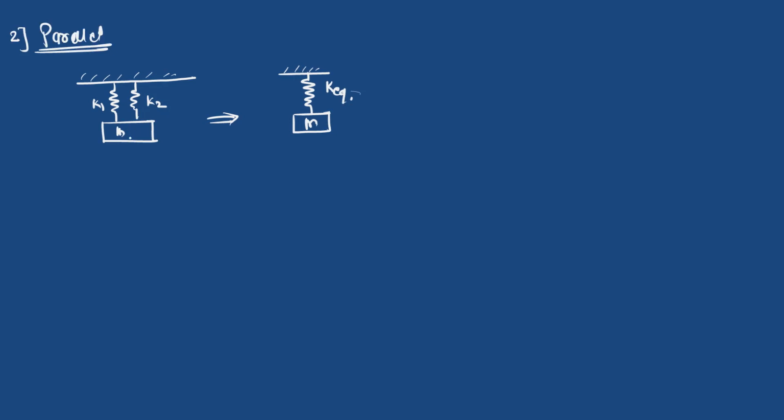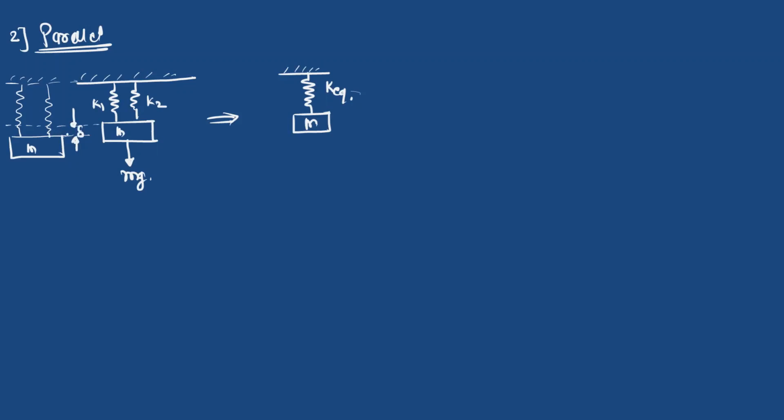Here, this mass M will produce a force, which is mg. And because of the mg, the complete system will get deformed by some displacement. So consider this is the deformation, delta.